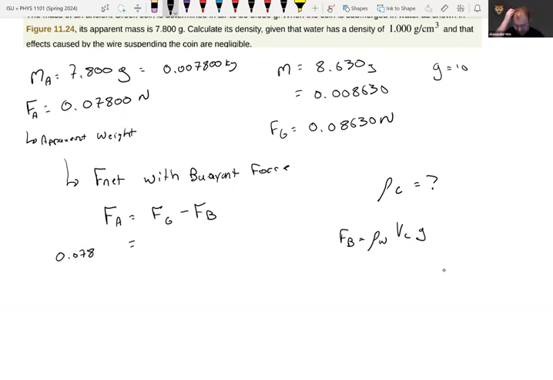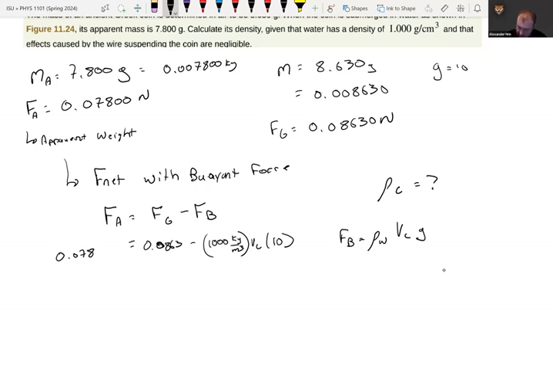I'm going to drop the extra zeros and just remember to use 4 sig figs. 0.0863 minus the density of water, which is 1 gram per centimeter cubed or 1,000 kilograms per meter cubed. I'm putting all of this into SI, and we can change to grams per centimeter cubed later. And then the volume is what we're after. And then we have g. I'll just say that's 10 right there.